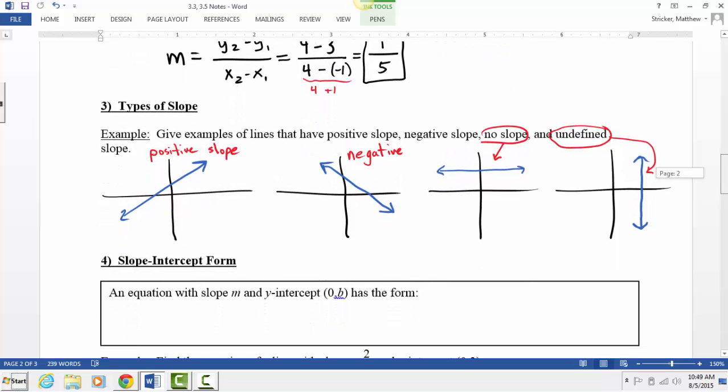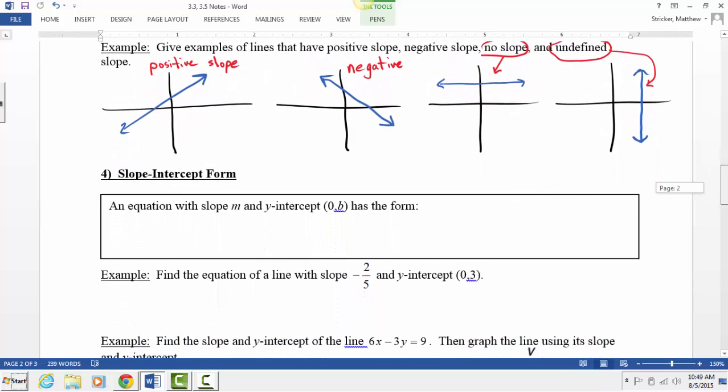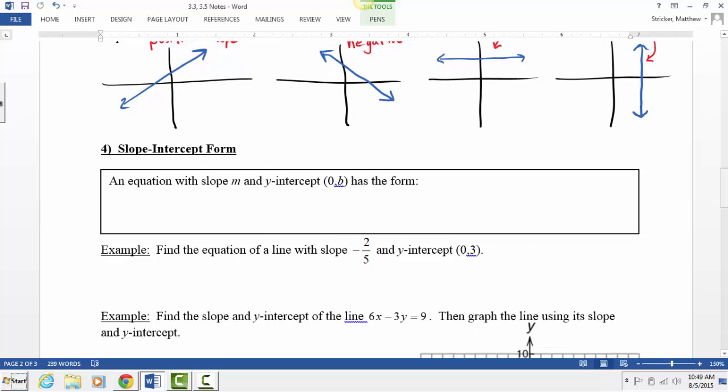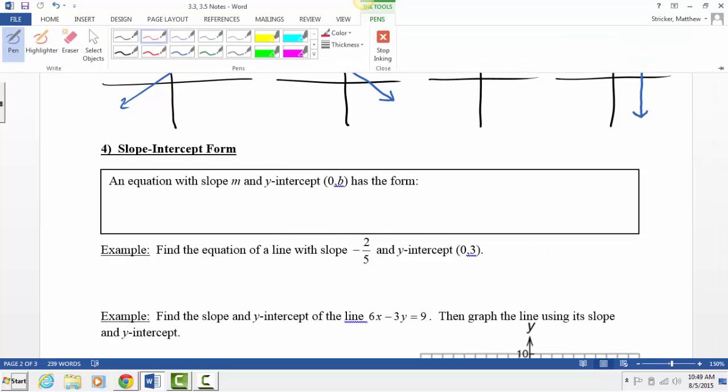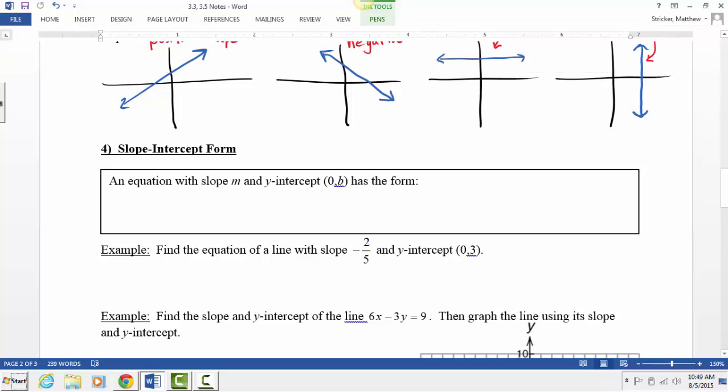Okay, the last thing we're going to talk about in this section is slope-intercept form. We're going to talk about one form of a linear equation, and that form is called slope-intercept form. If we have an equation with slope m and a y-intercept, the point, remember, has an x and a y, so the x is 0 and the y is b.